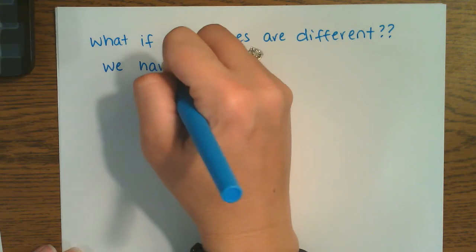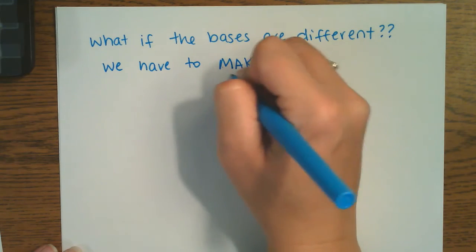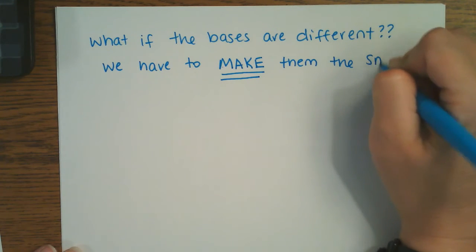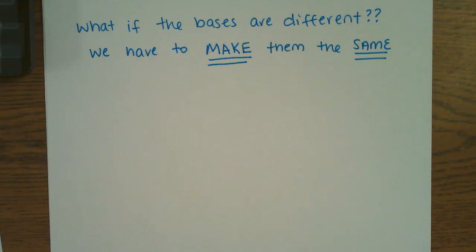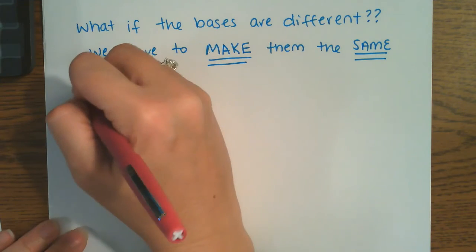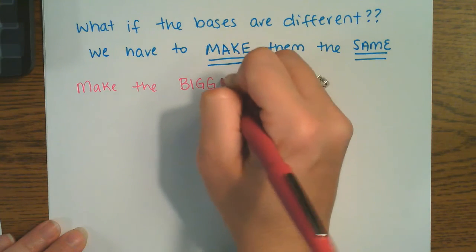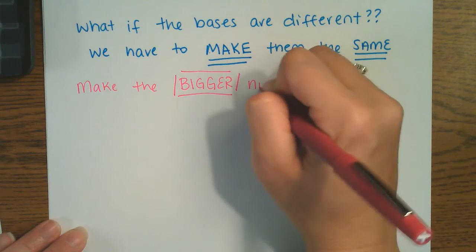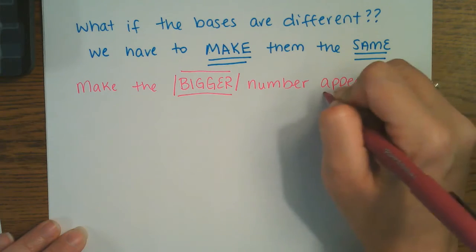We have to make them the same. And the trick to this is that we have to make the bigger number appear smaller.